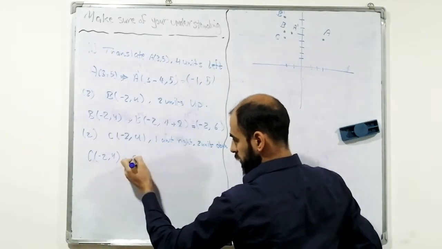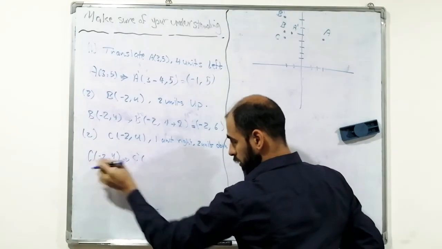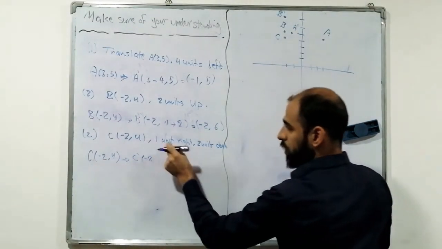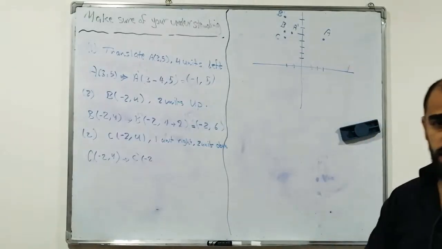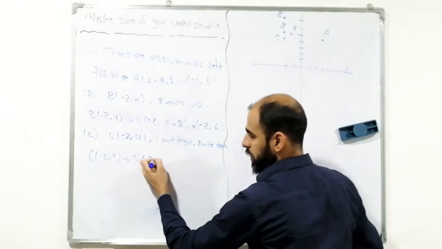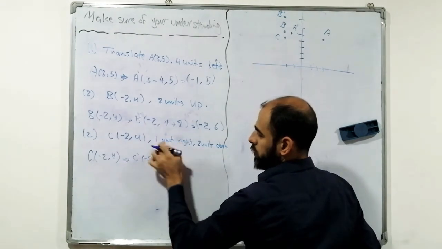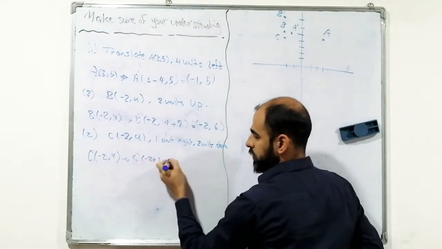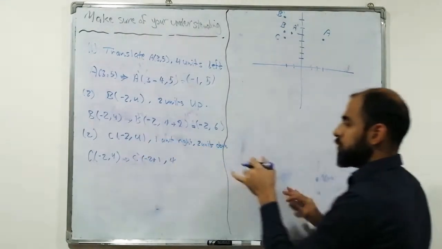The image of the point C is C dash. Minus 2, 1 unit to the right. To the right means with the x-axis to the positive side, so we are going to add 1, since we have 1 unit. And 4, 2 units down.